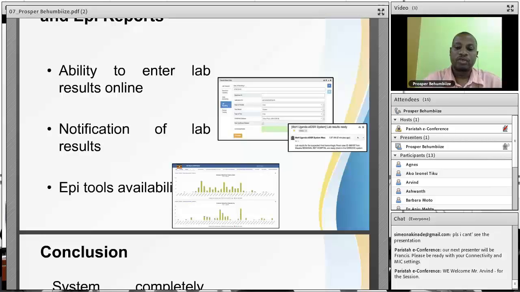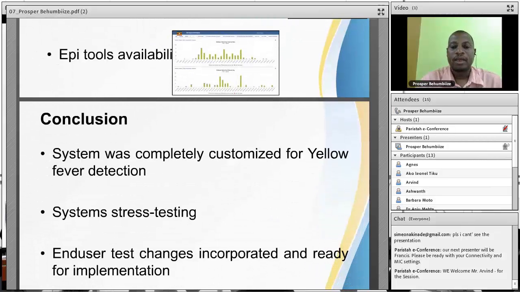What you'll see here is an automatically generated message that is sent to the relevant authorities who are responsible for the investigation. Further, the system has an interface where the lab can get in and enter the lab results.